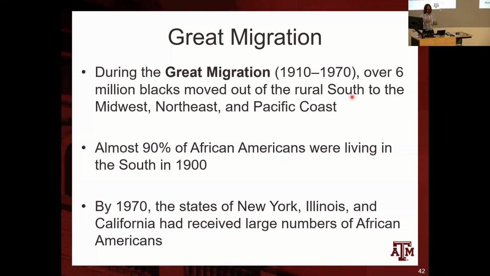And a lot of these papers that are being published just now in 2019 and 2020 show that the children of African Americans who moved from the rural South in the 1930s and 1940s and moved to the Northeast of the US, for example, these children nowadays have better educational and socioeconomic outcomes than the children of African Americans who stayed back in the South.